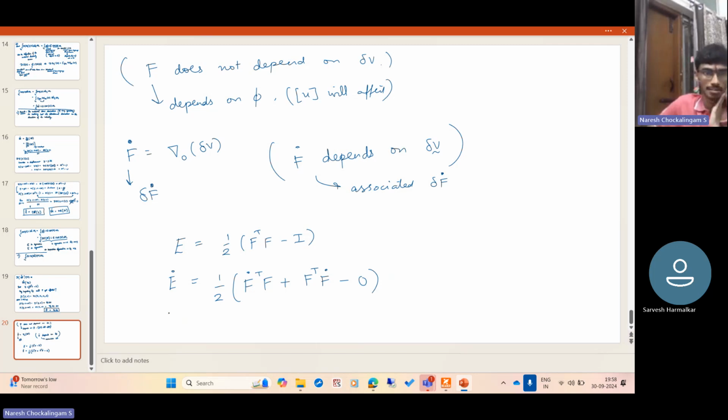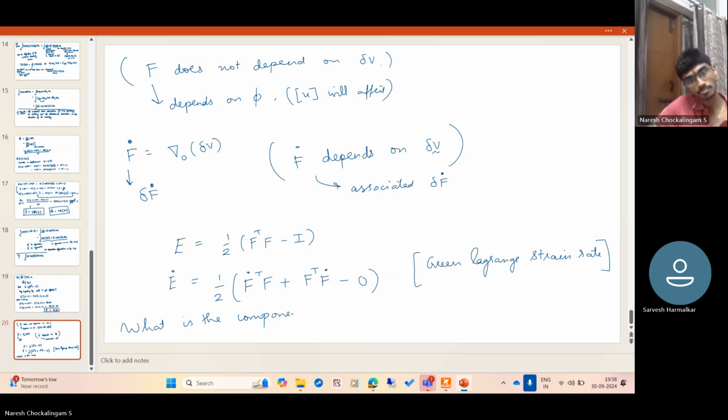Now what should we do? This is the Green Lagrange strain rate, the total Green Lagrange strain rate. But what is the component coming from the virtual velocity field del V?